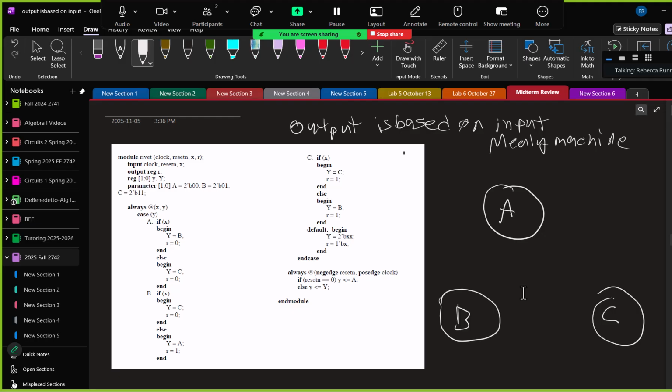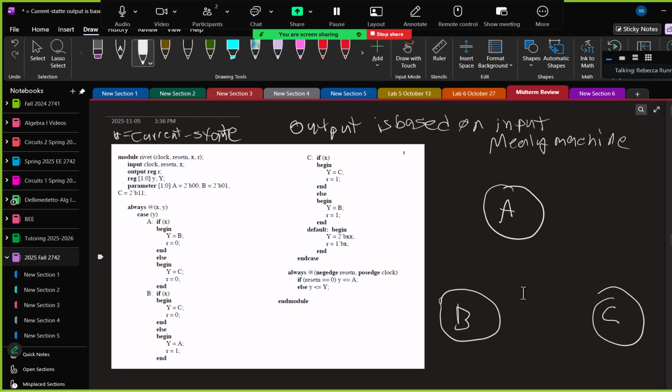We can tell that the variable lowercase y is our current state. And we know that because of our case statement in our first always block, this case lowercase y, that variable is always your current state.